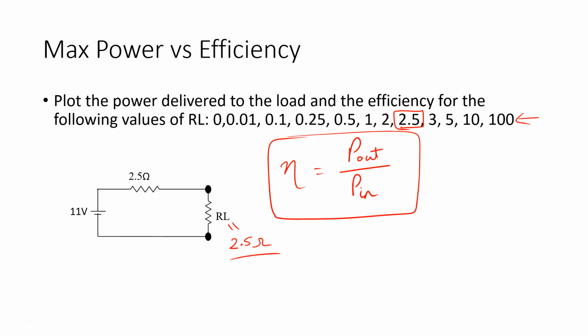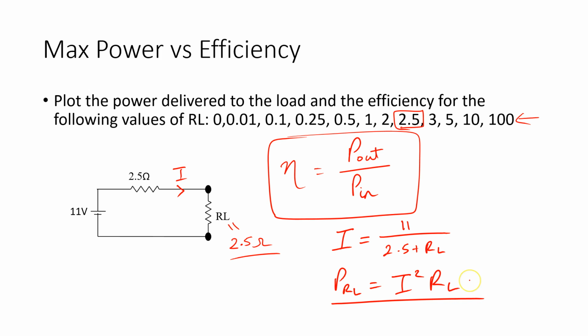It's not that difficult. So if we want to look at the equations for the power through here, we could find the current first, I, and I will be equal to 11, which is the voltage, over 2.5 plus RL. And then we know the power transferred to RL, PRL, is equal to I squared RL.